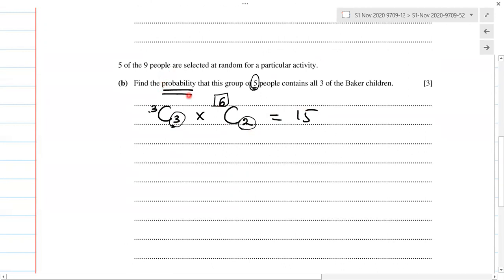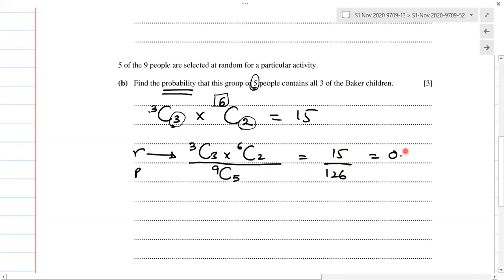Since I have to find the probability, this is 3C3 times 6C2, my requirement, upon the total, which is 9 people, out of which I'm selecting 5. So that's 15 over 9C5, that's 126, which is 0.119. That's the answer, 0.119.